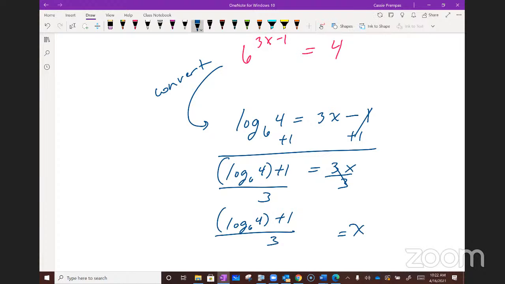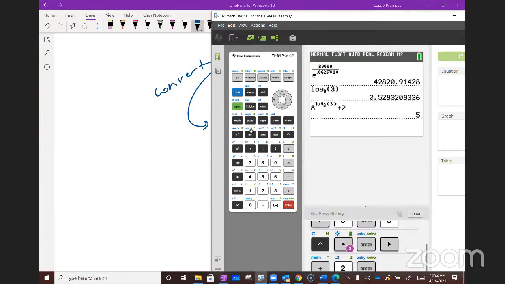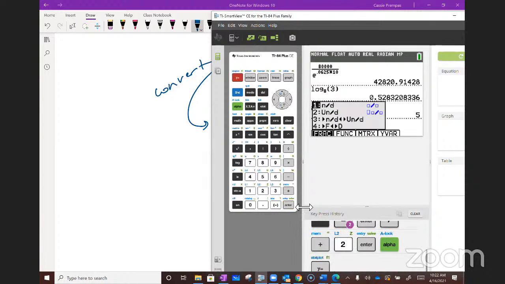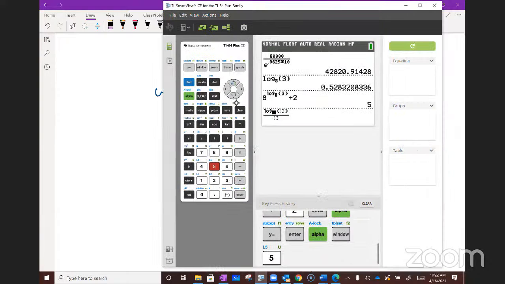So on the calculator, how do we enter in a fraction? Good. Alpha y equals, and then I'm going to type in that log. So I have to press alpha window, option 5. It's log base 6 of 4.